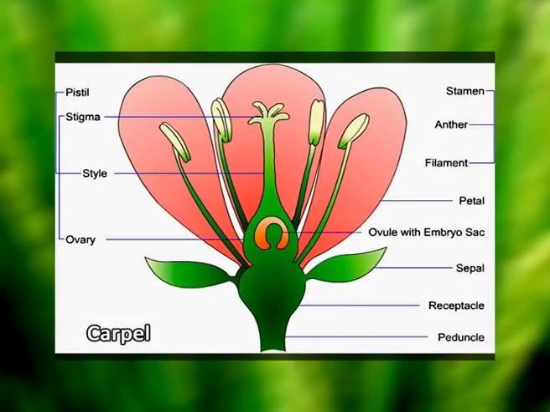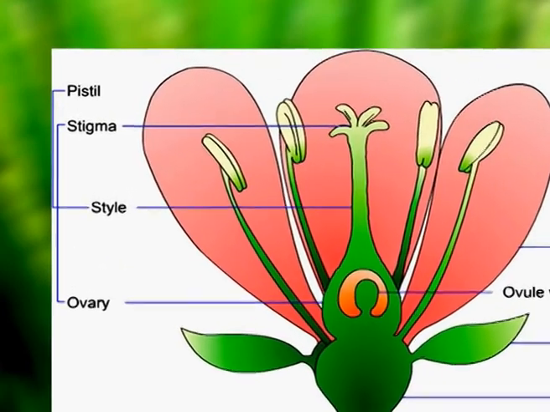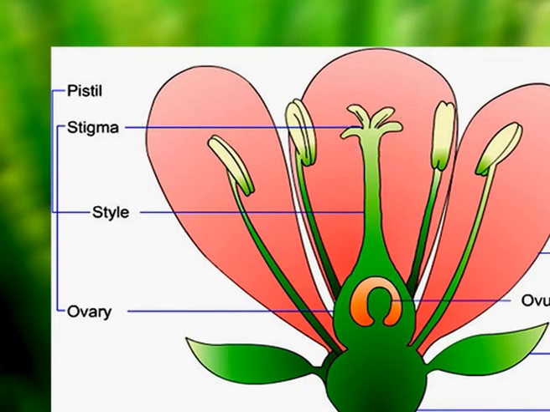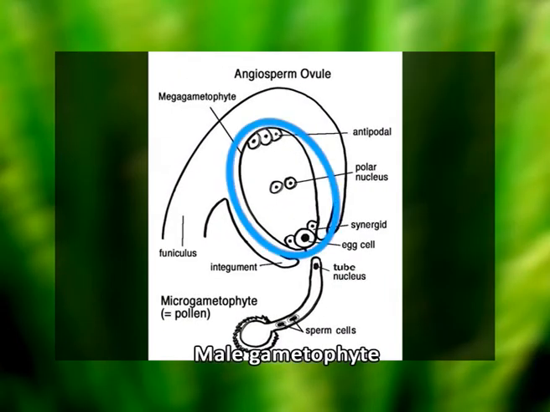The female part, that is the carpel within a flower, has a stigmatic surface which is used for pollen germination. One more diagnostic character of angiosperms is that they have a reduced female gametophyte which usually comprises 8 nuclei but 7 cells.